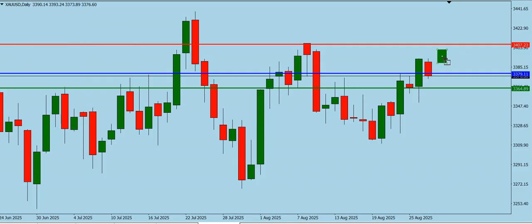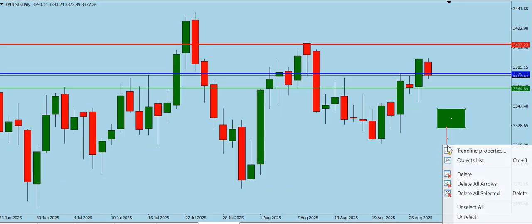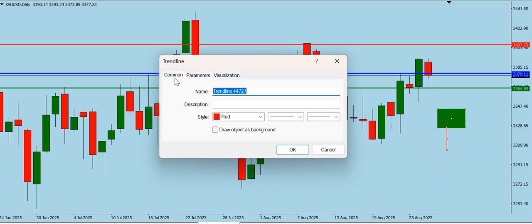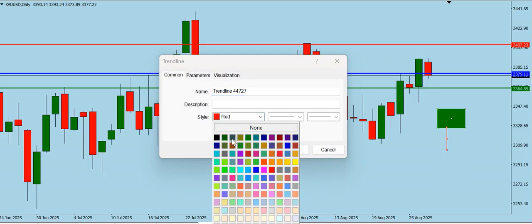This is what I mean by my drawing. I expect today's candle to close bullish. Let's assume this is the bullish candle for the day, and this is the candle wick for the day.